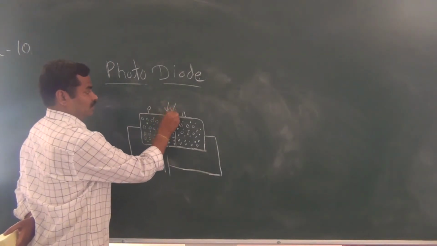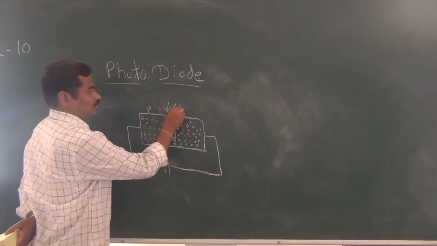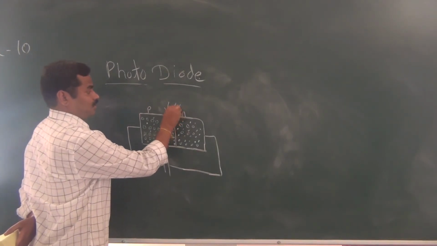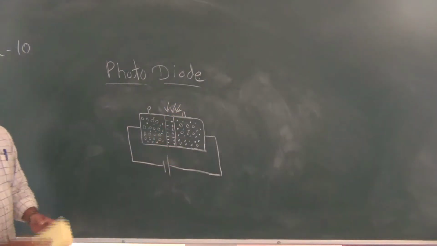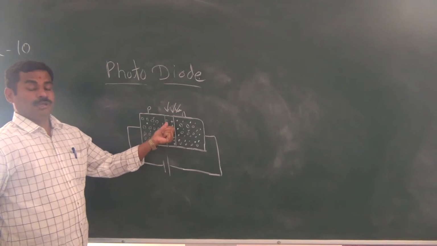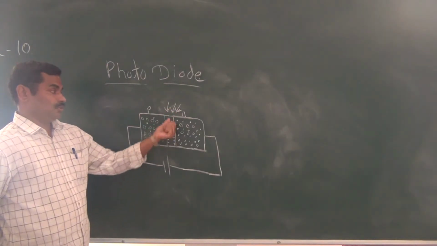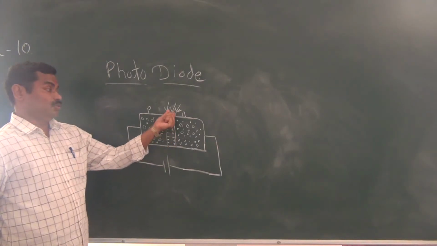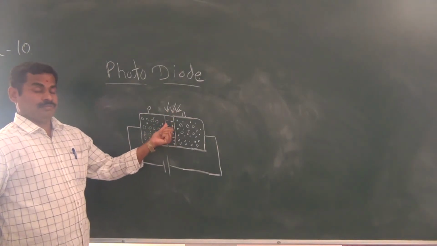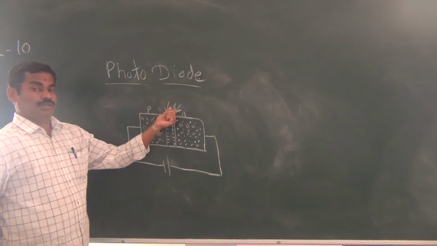Light is incident on the photodiode, or light strikes the photodiode, or some photon of energy will fall on that transparent window. Because that is transparent, the light waves move towards the junction, or towards the depletion layer.